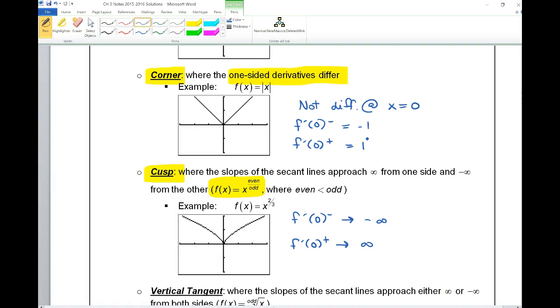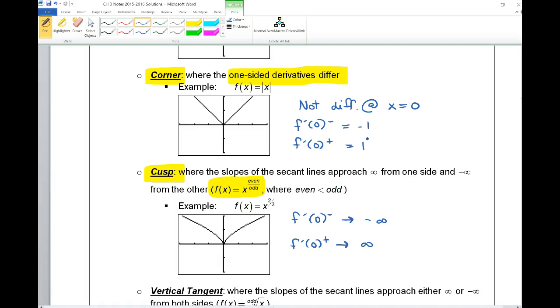Positive infinity is supposed to go up. Yeah, that's what I'm saying. But the point is, from the left, we're not actually looking at 0. I don't care when it's perfectly vertical. I care about just to the left of 0. It's going towards negative. This is a negative slope. This is approaching a negative infinity slope. This is positive. This is approaching a positive infinity slope. Oh, I get it.